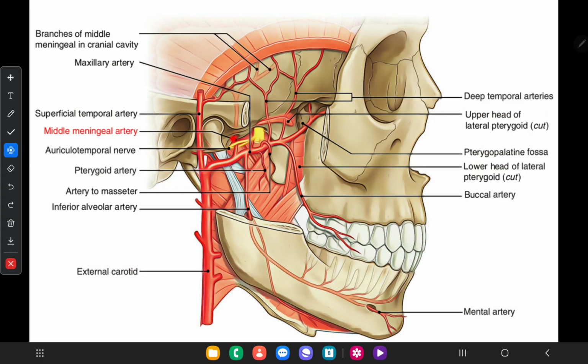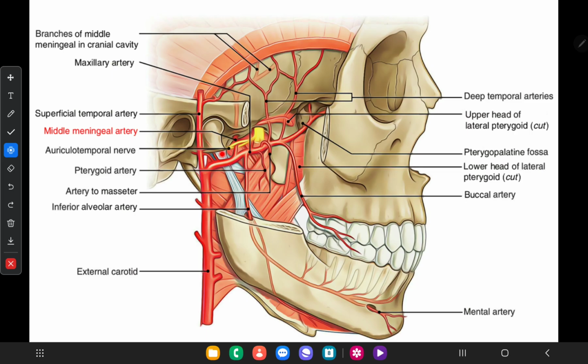At its origin, you can see two nerve roots surround it. What are those two nerve roots? Those are the two roots of the auriculotemporal nerve. These are the two nerve roots of the auriculotemporal nerve.